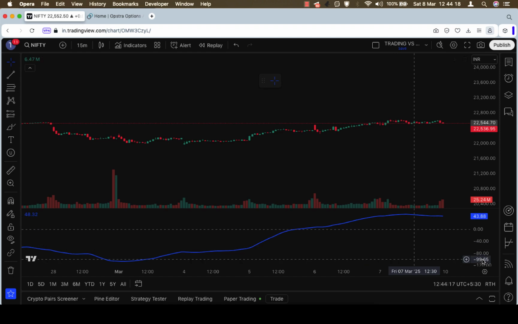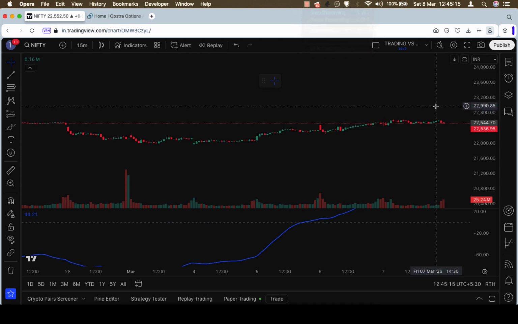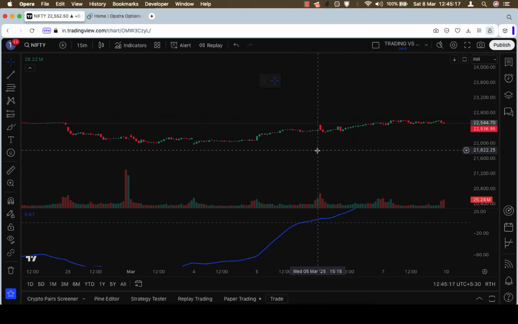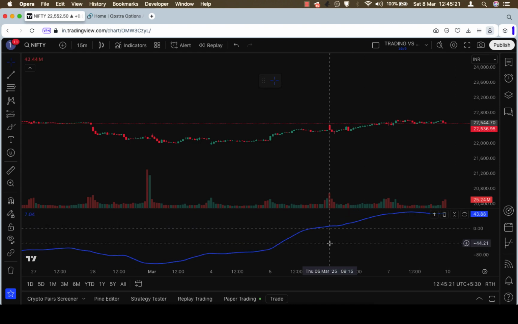Let's take an example and understand how this theory works for us. On the 6th of March 2025, from the opening itself, the market was hovering around the zero oscillator line.